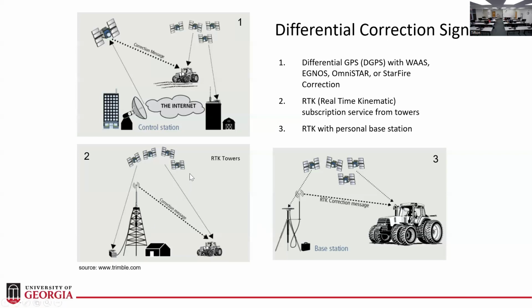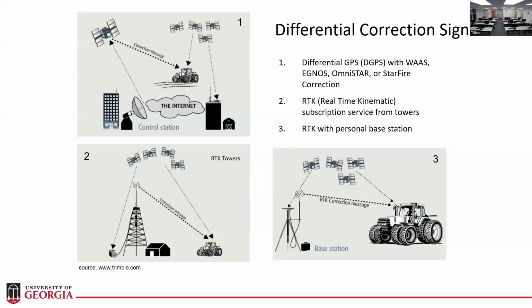So again, the difference between RTK from towers and RTK from your base station is that the towers are already installed in different places around the country, but your personal base station, you can just carry around and put next to your field. Because sometimes, and we are going to show this in the next class, the towers that are installed are from different companies, so the coverage is different.